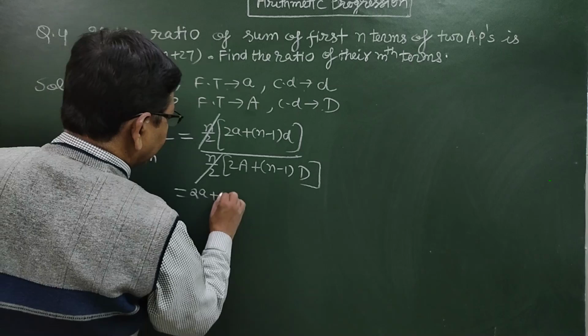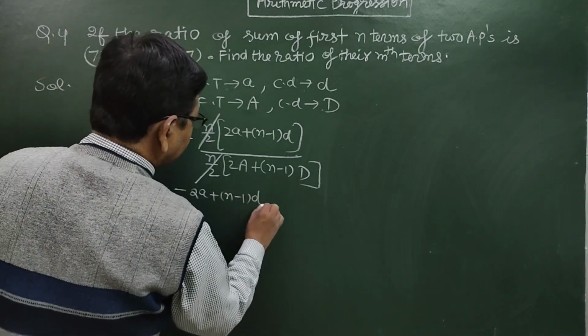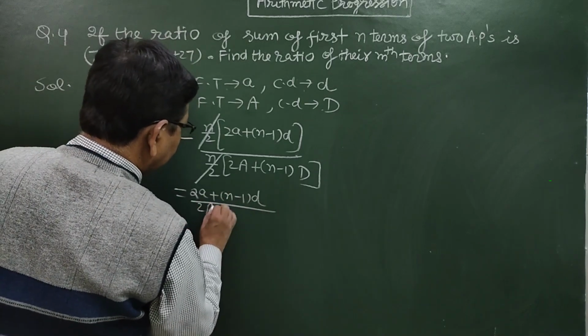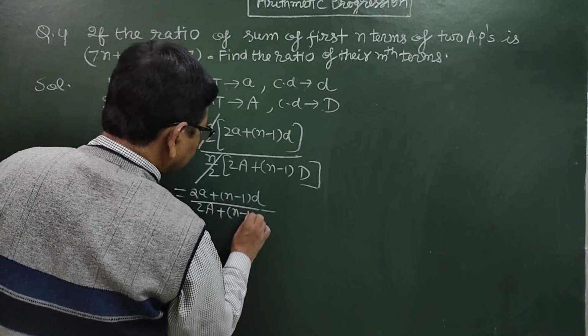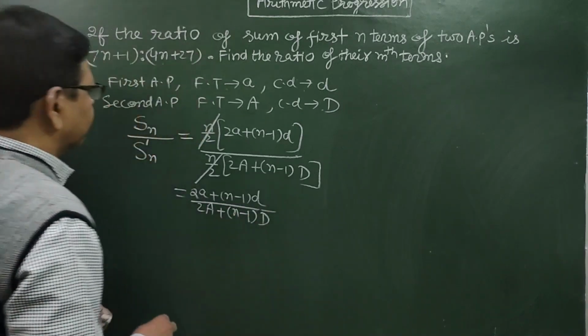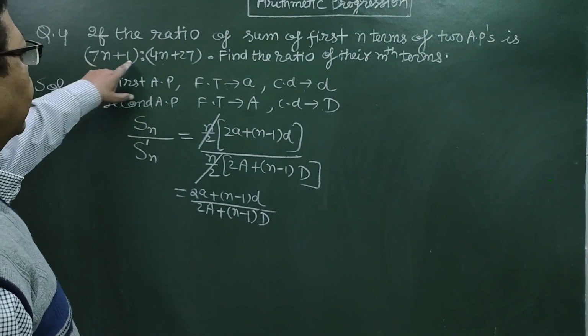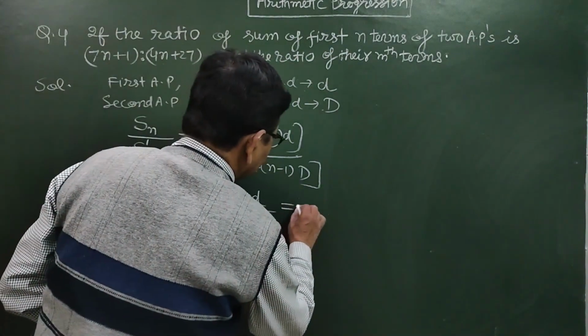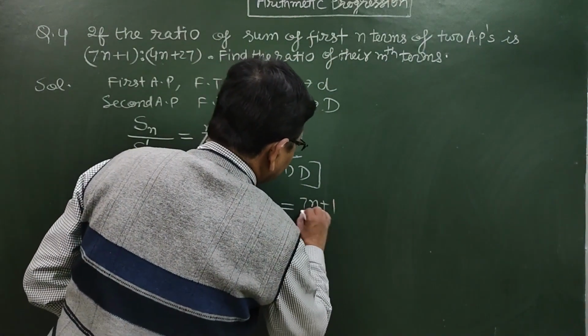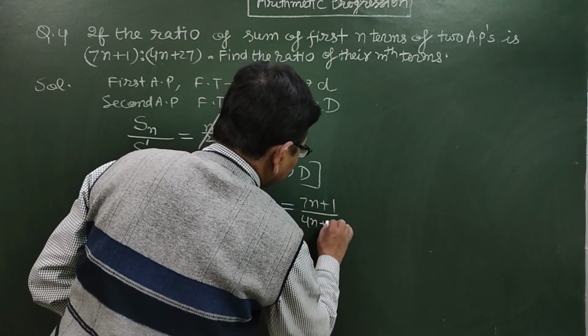So we get 2a plus n minus 1 into d upon 2 capital A plus n minus 1 into capital D. This ratio is given to be 7n plus 1 is to 4n plus 27.